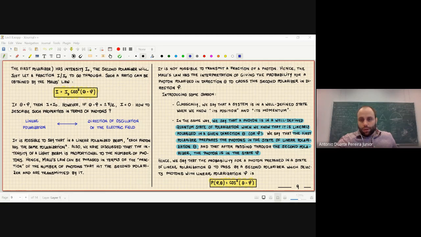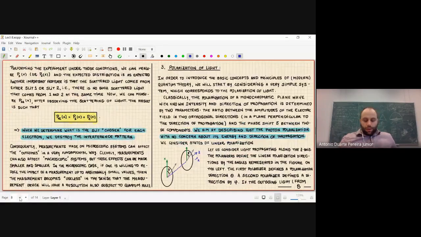Then, John asked, in the second polarizer, what is the intensity? So I'm shedding some light here towards the first polarizer with some intensity that I don't know, okay? And then it passes through the first polarizer, and it will have some intensity I naught that I measure.